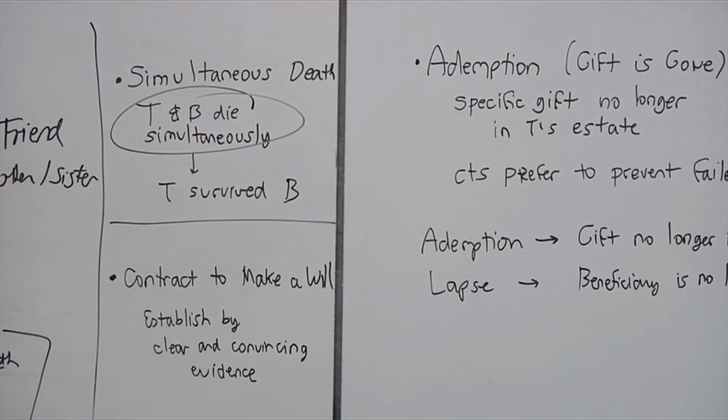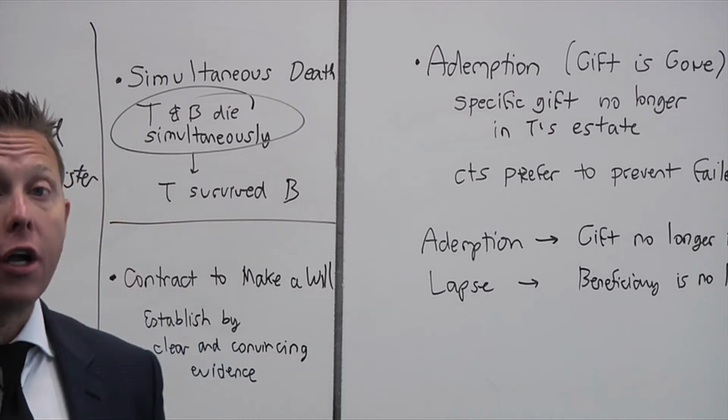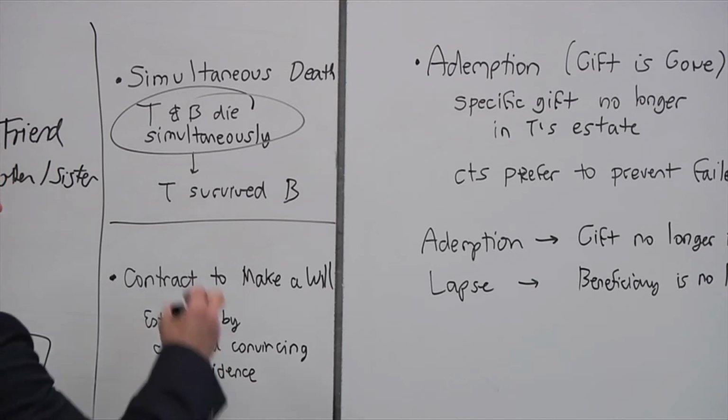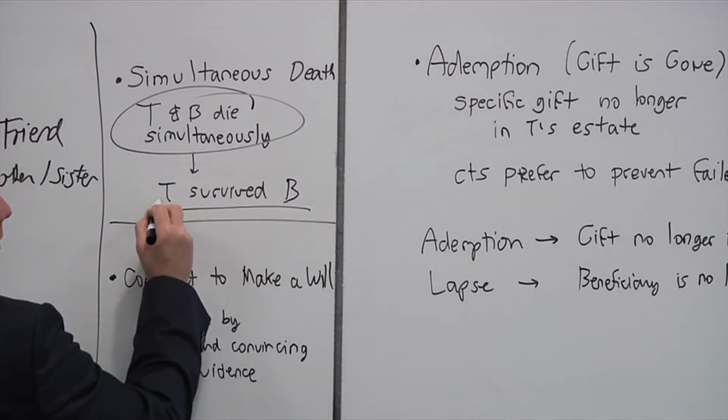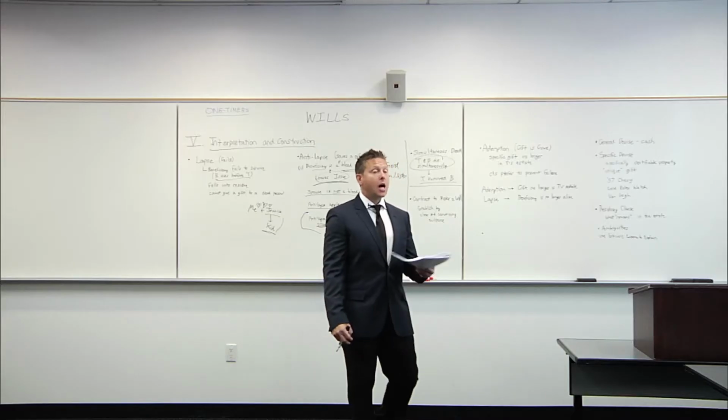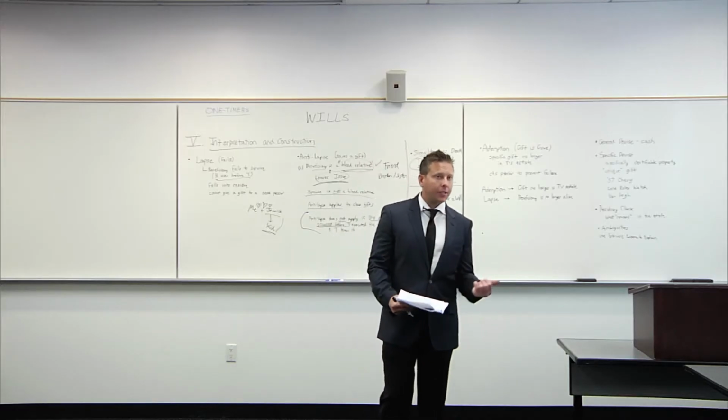That gift that I'd give to Adam is actually going to lapse because he failed to survive me. Now, if you cannot prove by clear and convincing evidence which person hung on the longest, took their last breath, then the presumption is that the testator survived the beneficiary, which means if the beneficiary is not a blood relative, then the gift's going to lapse.